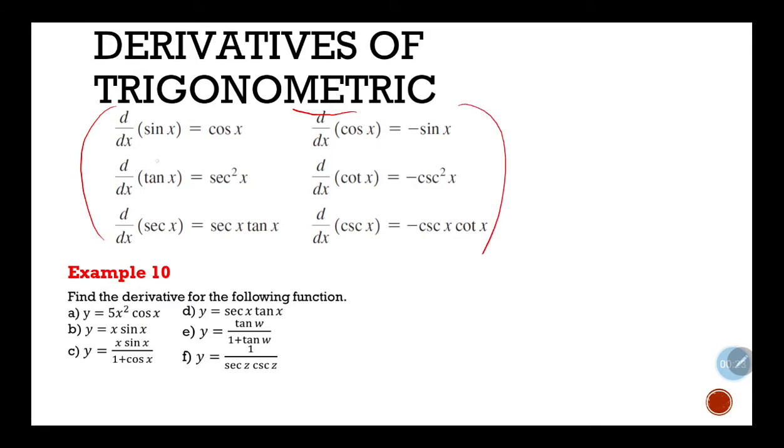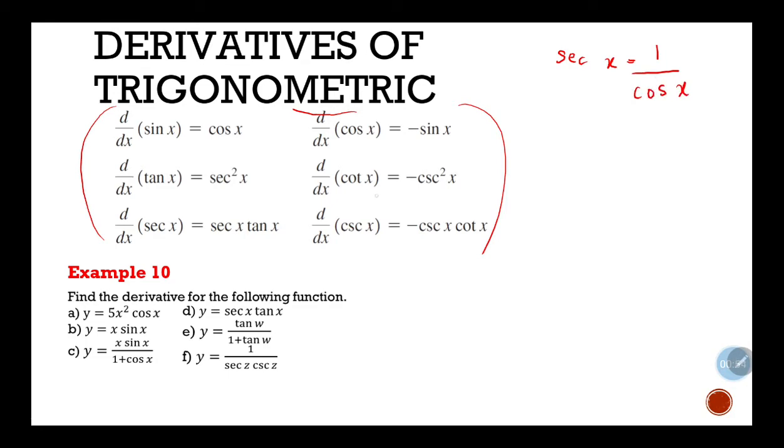The derivative of sin x is cos x, and the derivative of cos x is minus sin x. The derivative of tan x is secant squared x. What is secant again? Secant x can also be represented like this. It is 1 over cos x.